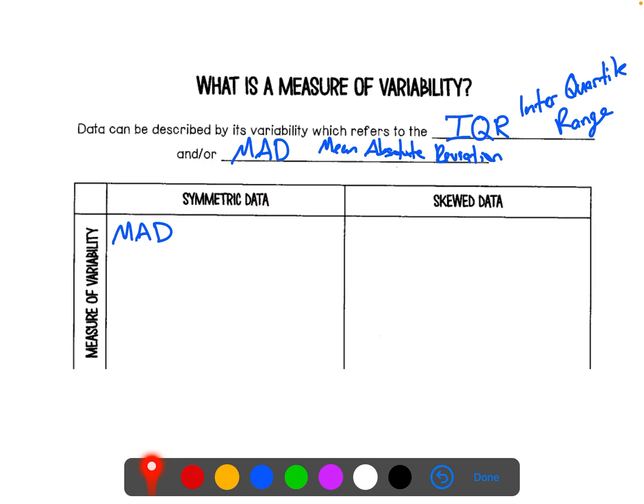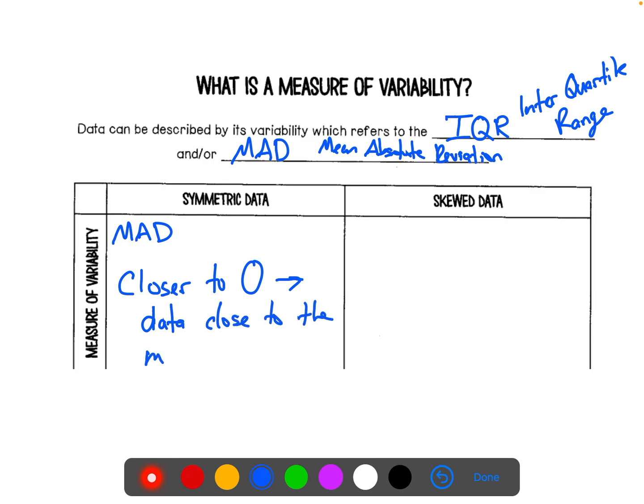So with MAD, the closer to 0 means data close to the mean.